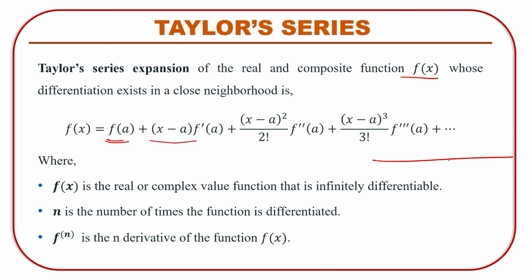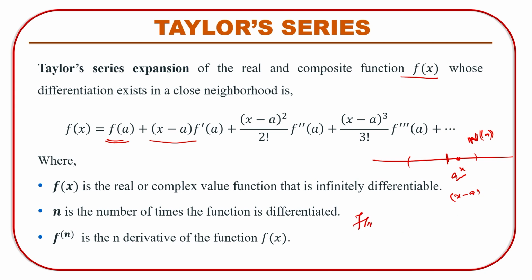You want to find out the function's properties in the neighborhood of a. Let us say this is x. The difference is x minus a, either negative or positive, it does not matter.